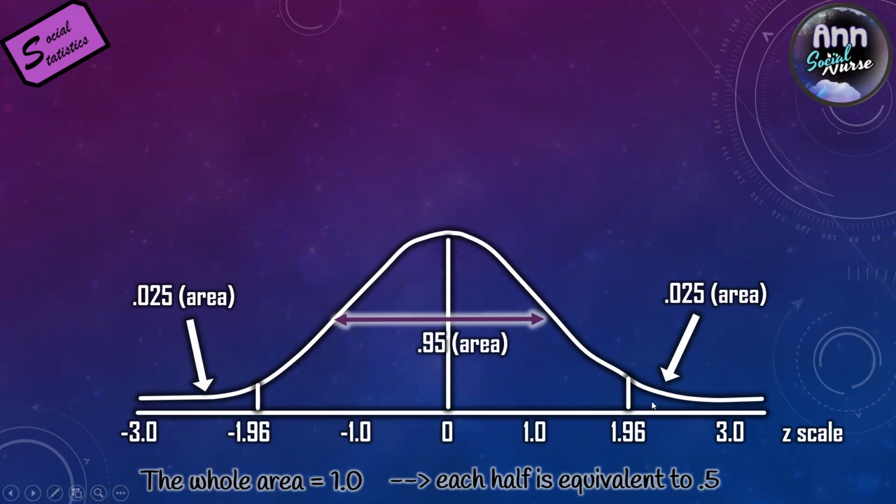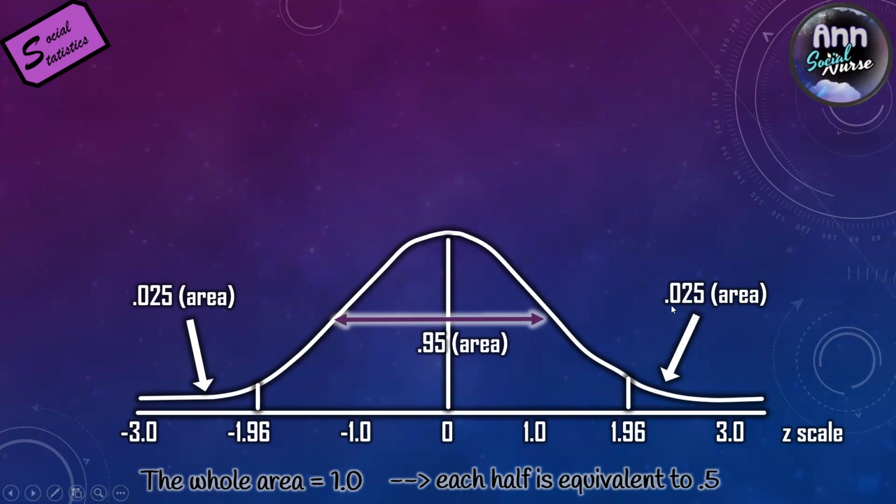This half, so this is 0 here, and suppose these are the labels here. On the negative side, this is 0.025 area, and 0.025 on this right side. So this one is one of the tails. Now, if you use both, it becomes two tails.